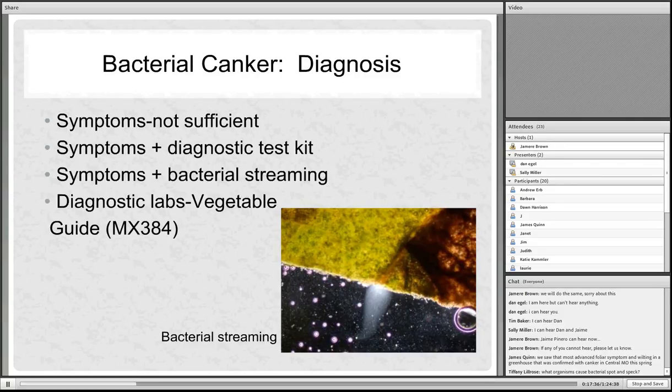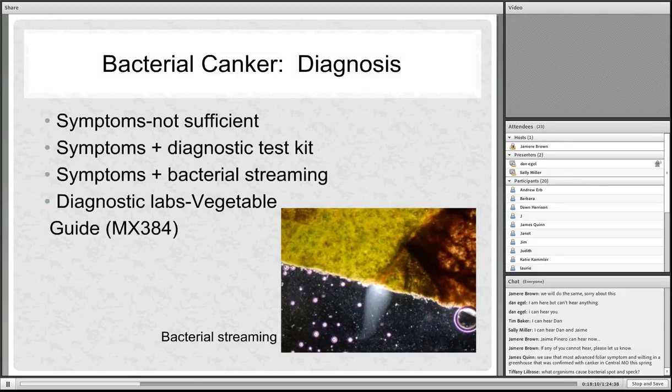So bacterial speck is caused by a xanthomonad, and the question here is what organisms cause bacterial spot and speck. There are 4 different xanthomonad species that cause bacterial spot. It used to be, when I went to school a long time ago, Xanthomonas campestris pathovar vesicatoria. Bacterial speck is caused by a pseudomonad.